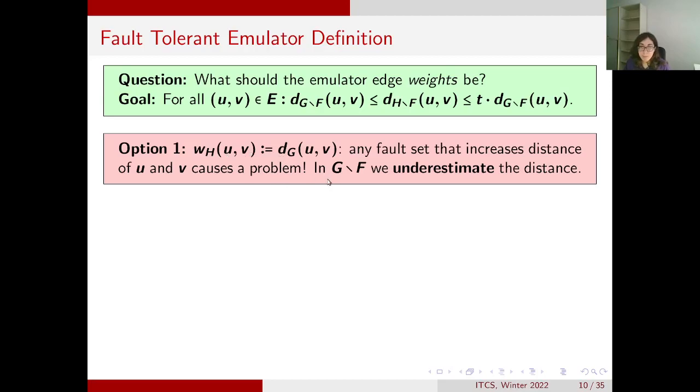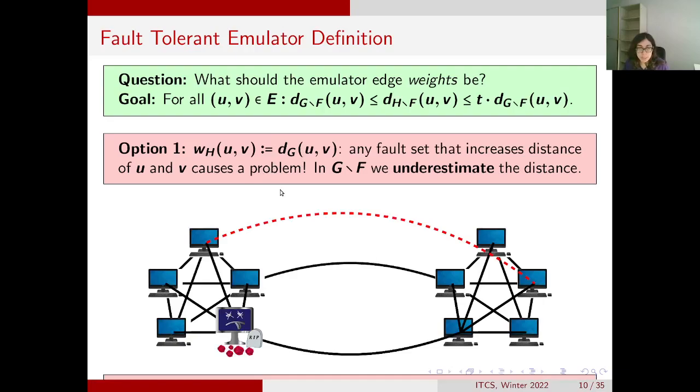But the problem is, in this case, any fault set that changes the distance between U and V is going to cause a correctness problem, because in G minus F, we're going to get an underestimate of the distances if we keep the weights fixed.